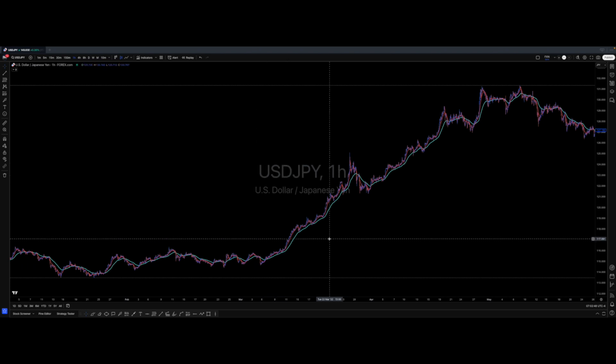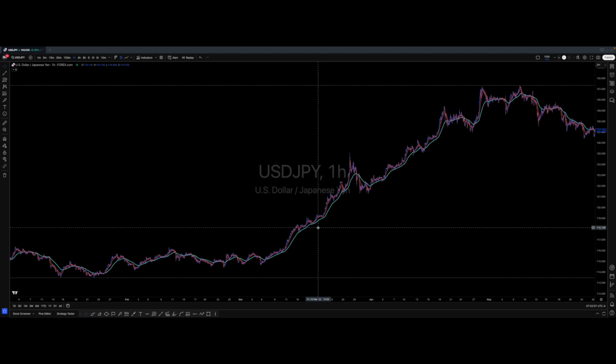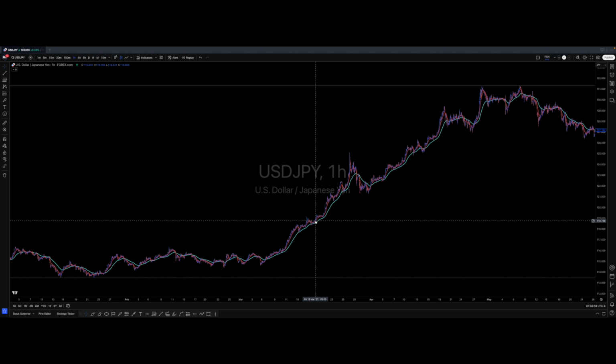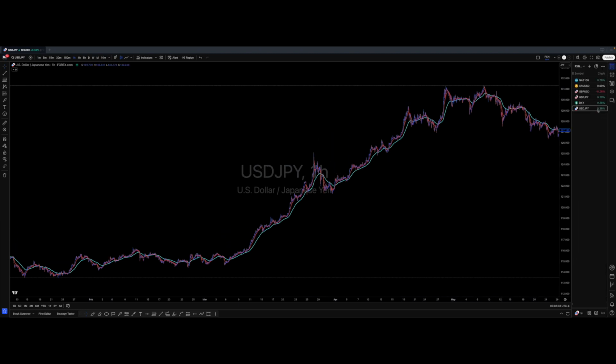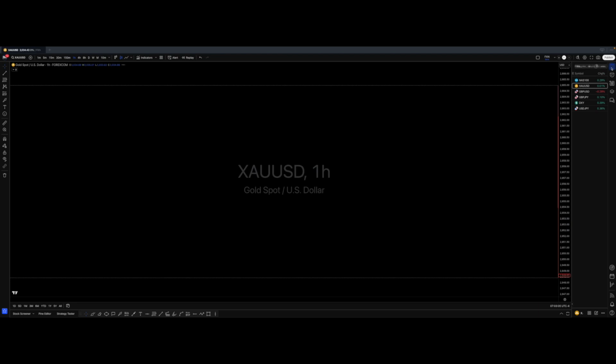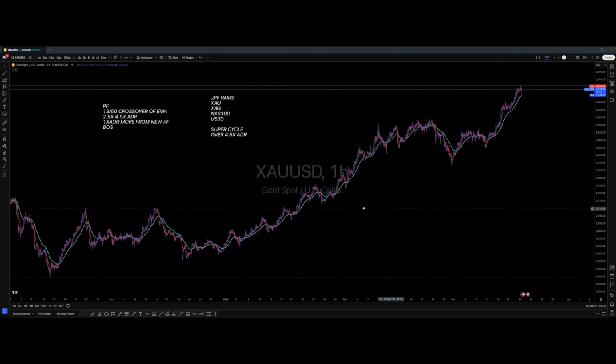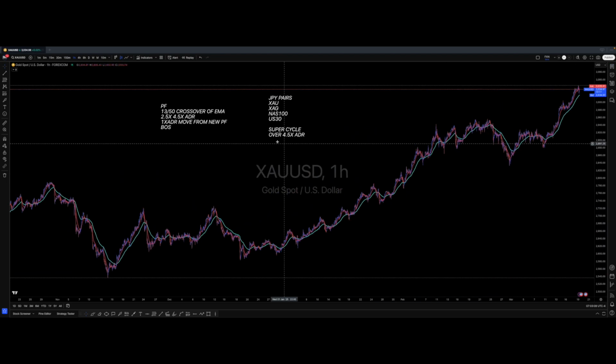That's when I started to notice that kind of behavior, and then we found it on other JPY pairs, and also gold, silver, NAS, and US 30. So that's where that comes from.